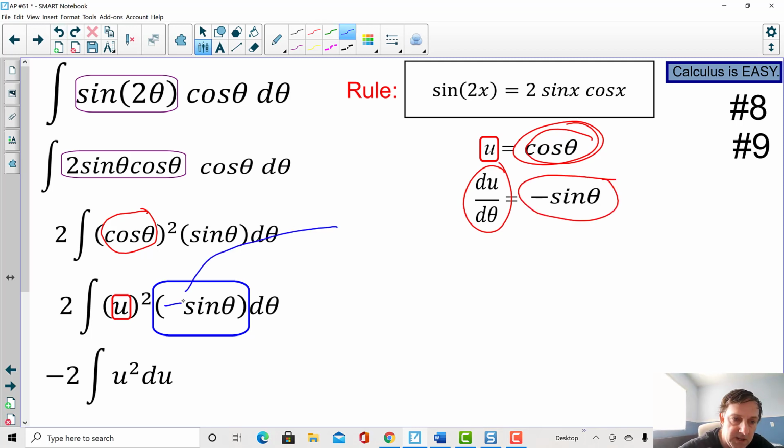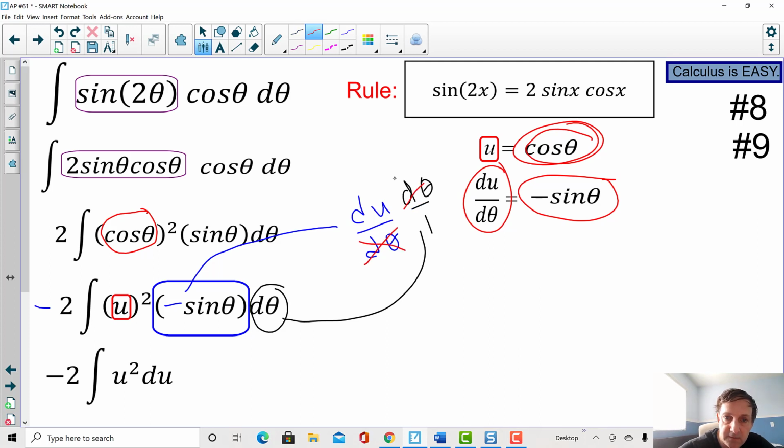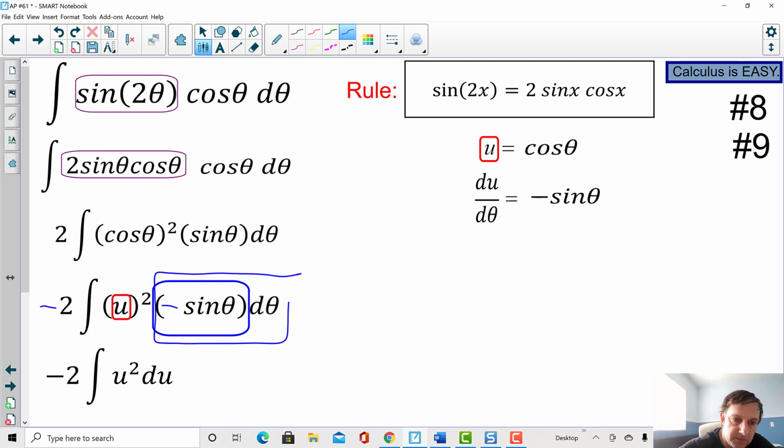So that means we're going to need a negative inside here if we expect this to be du d theta. Can't put a negative in there unless we also put a negative on the outside. Okay, now we have du d theta right next to d theta. So our d thetas are going to cancel, and we're just left with a du.